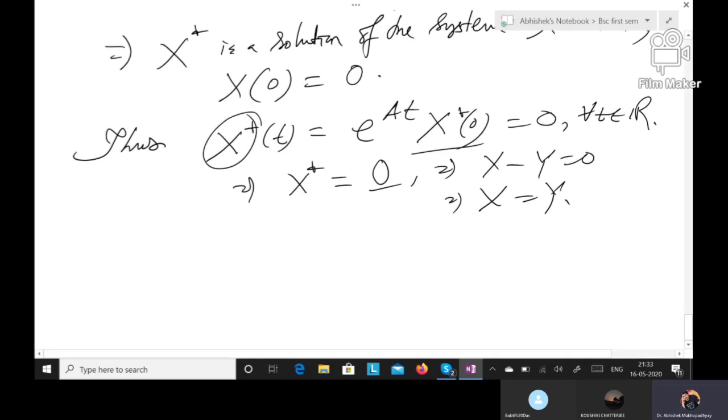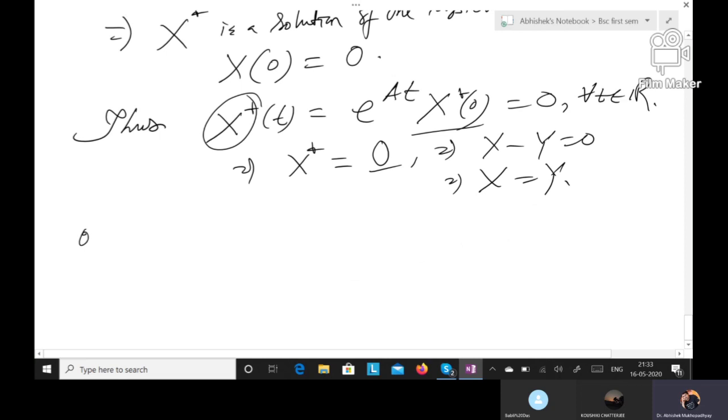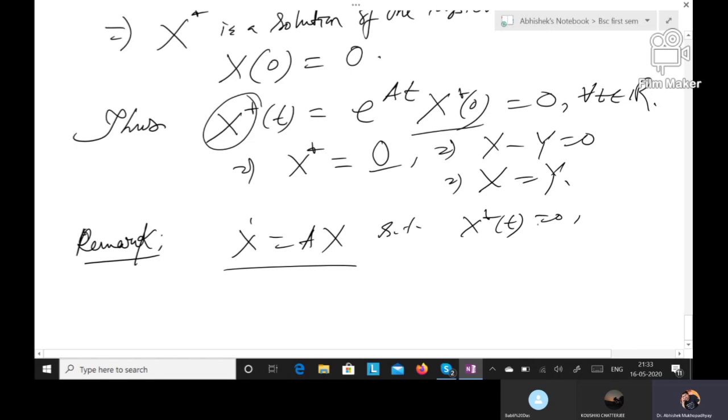And from the last part of this proof, the uniqueness part, we can observe a remark, that any solution of the system X dot equal to AX which vanishes at t0, such that X star t equal to 0 at t0, must be identically 0.